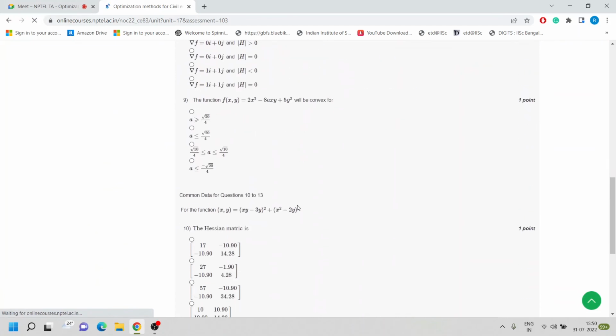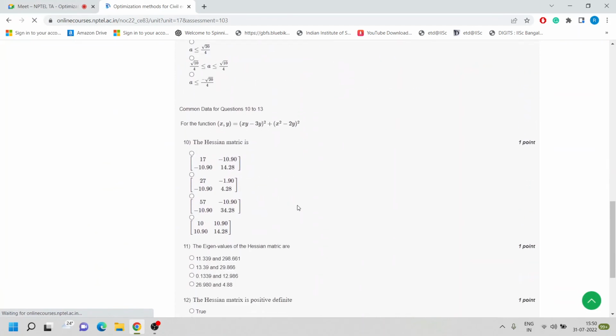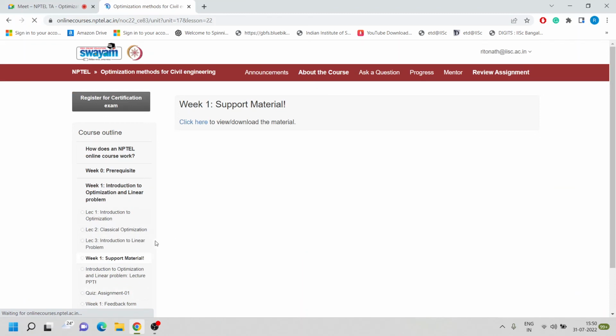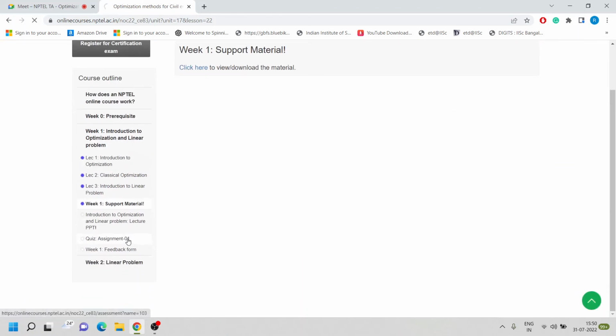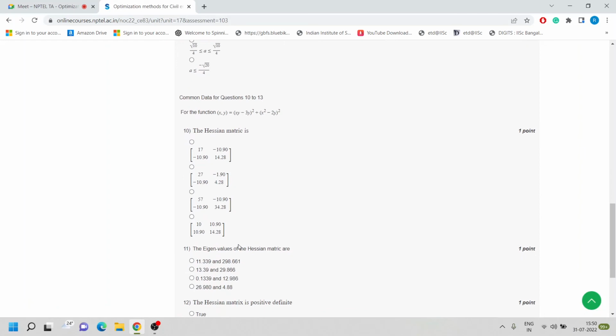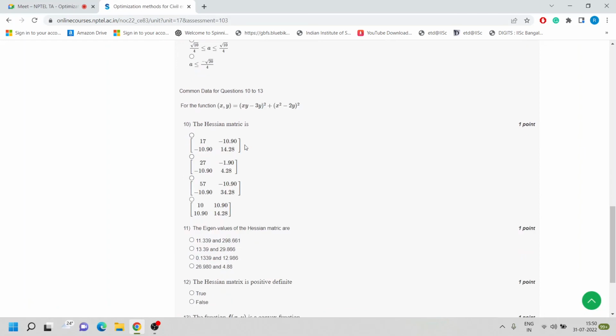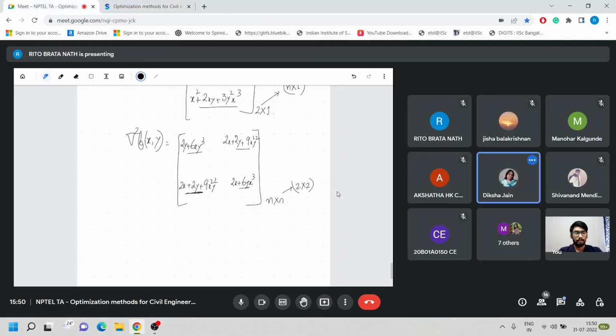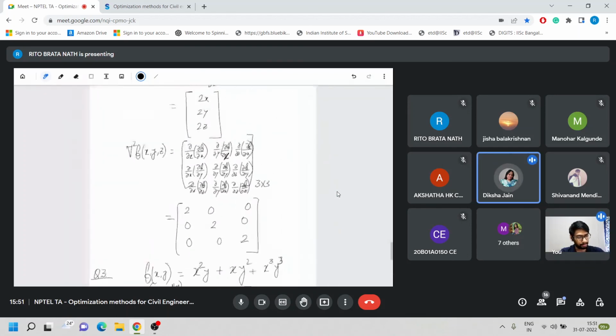Okay, so I think there is some issue with... okay, so the Hessian matrix is being asked, right? The 10th question you are talking about. So you're saying that it will be in terms of x and y, how we can get the values. Okay, yeah, so actually, if you remember, I gave you this example.